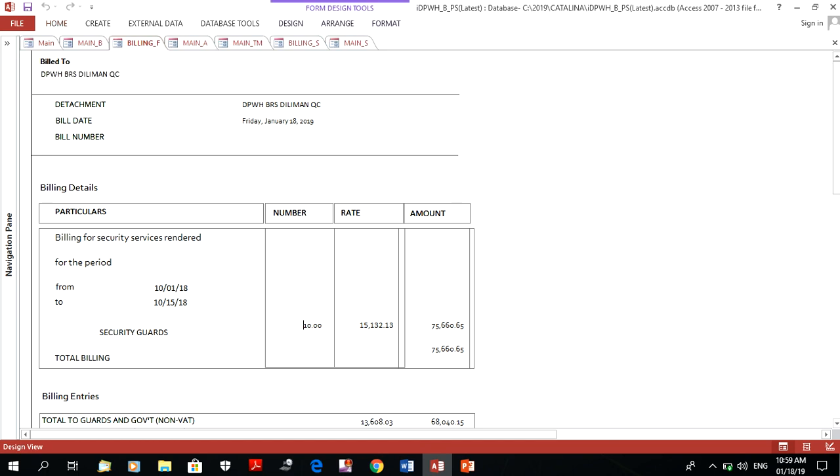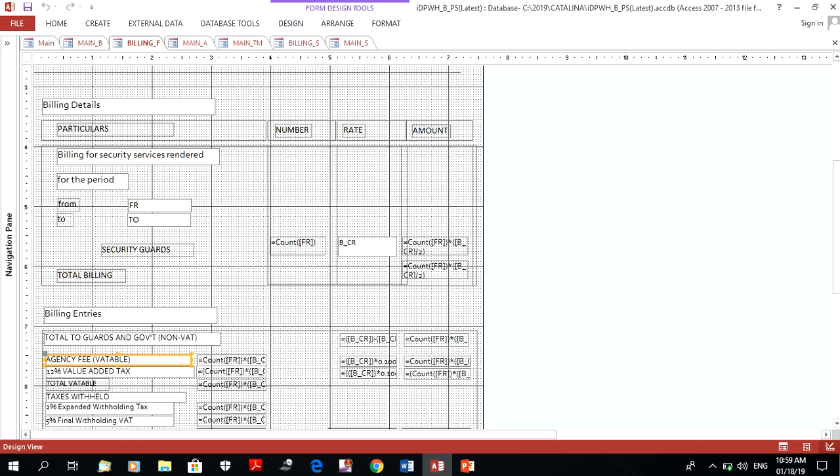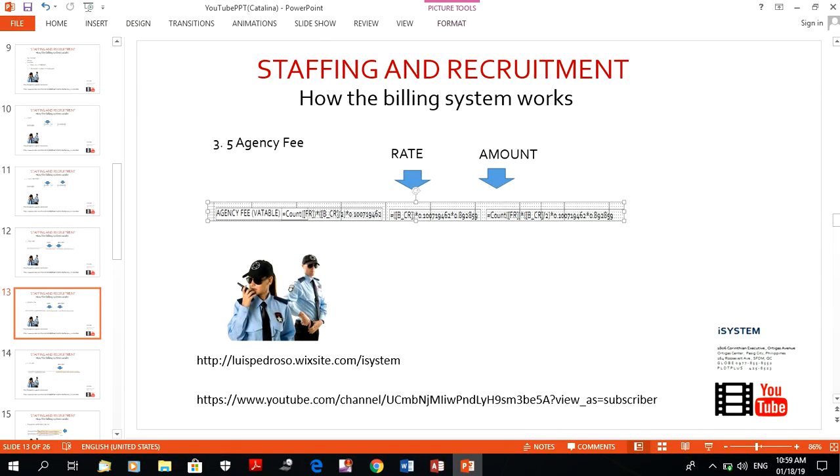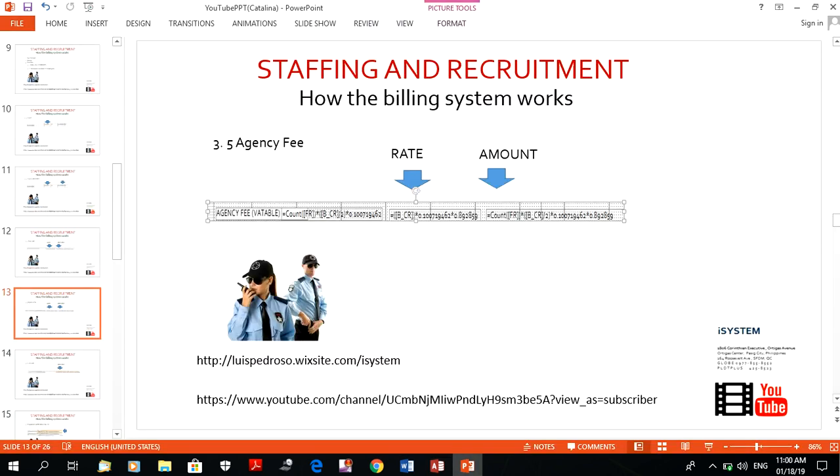Right after the total for non-VAT, you get the agency fee, which is vatable, so the formula can be found here. If you expand this one, which we will not do at the moment because it will affect the format, you will see the complete definition. So we place it here so that you don't have to expand that field.